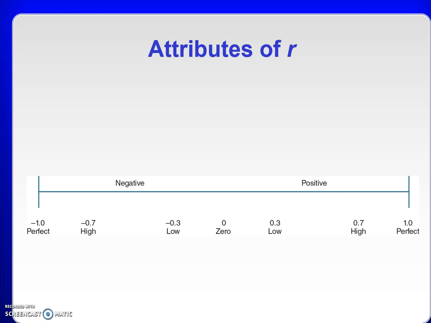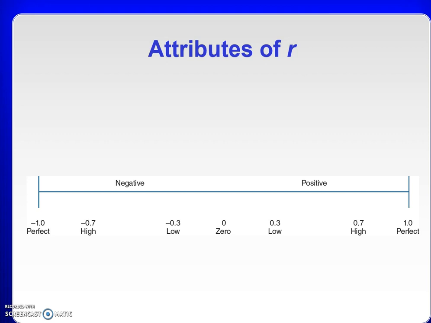Inversely, looking at the negative, when we look at two variables, as one variable increases, the other would decrease. And so you can see from this chart that a perfect relationship would be either a negative 1.0 or a positive 1.0.